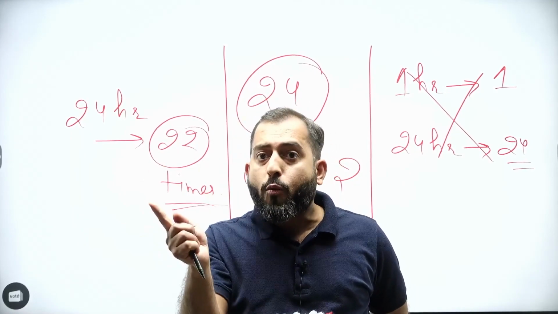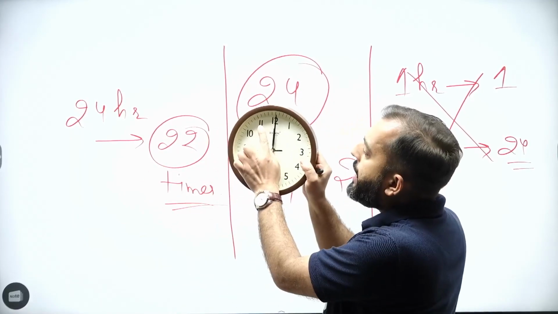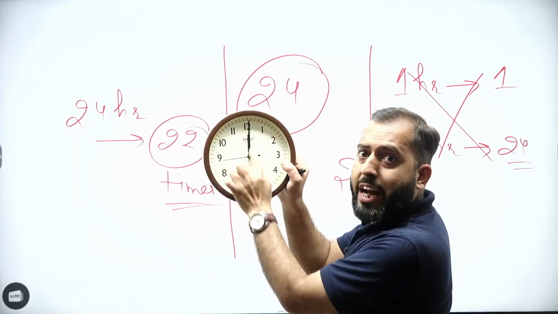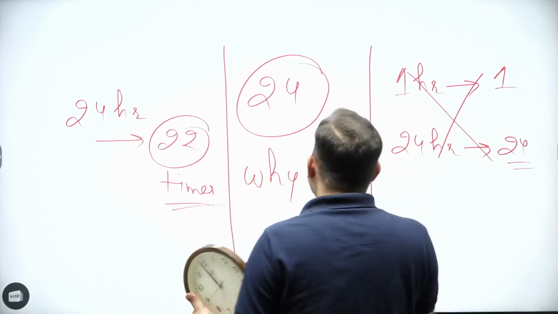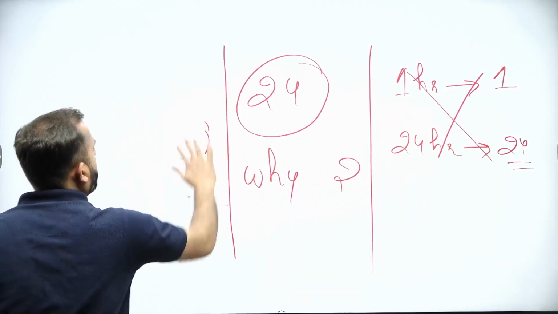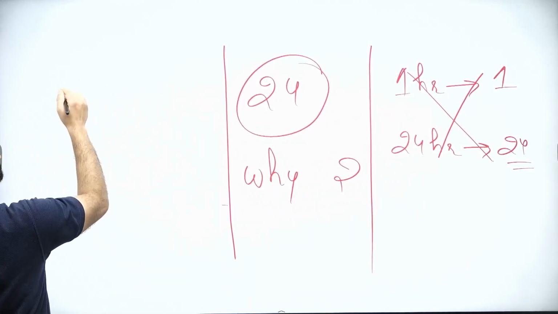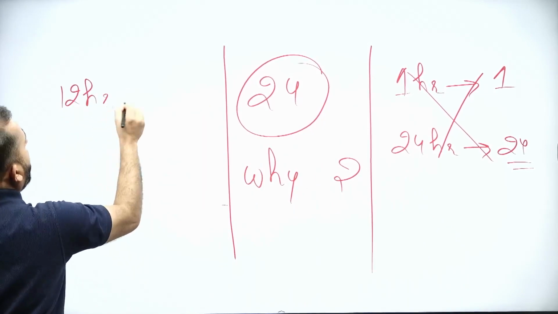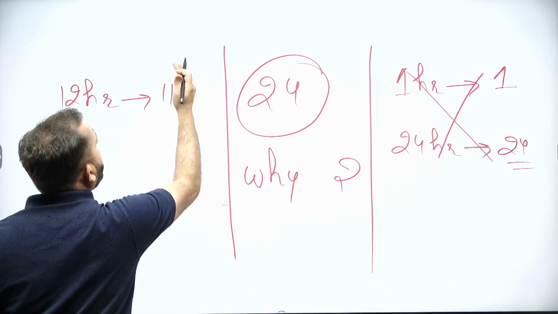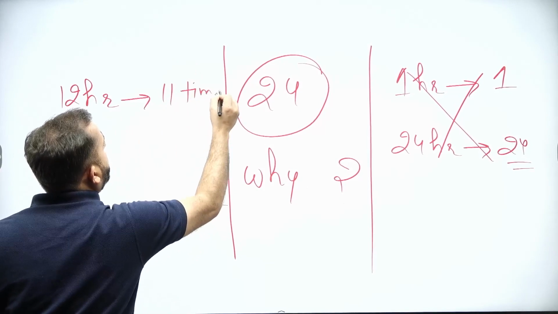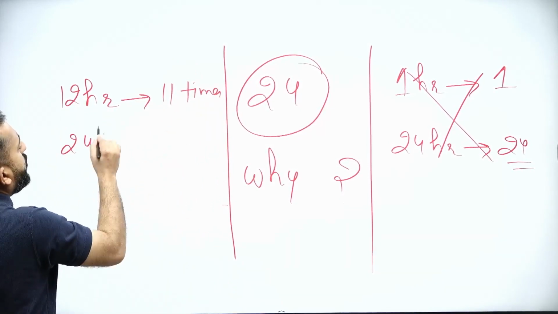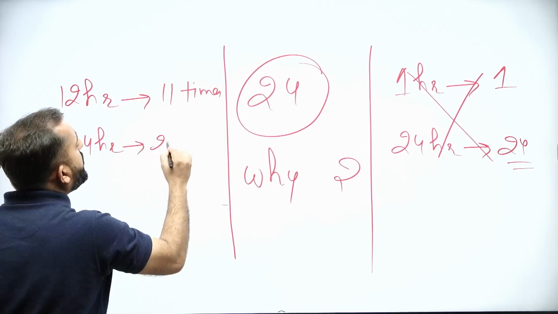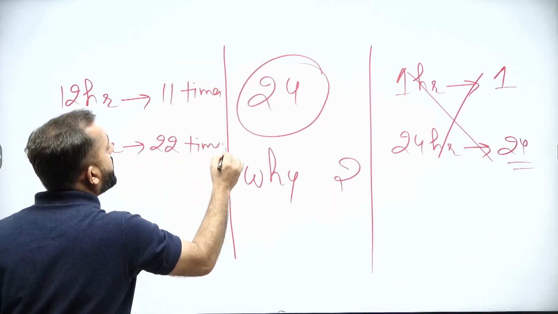From 11 till 1, hands are coinciding only once, that is exactly at 12. So I can say in a duration of 12 hours, hands coincide 11 times, not 12 times, 11 times. Similarly, in 24 hours, hands will coincide 22 times.